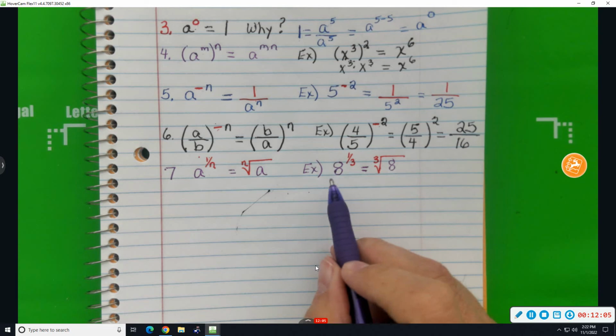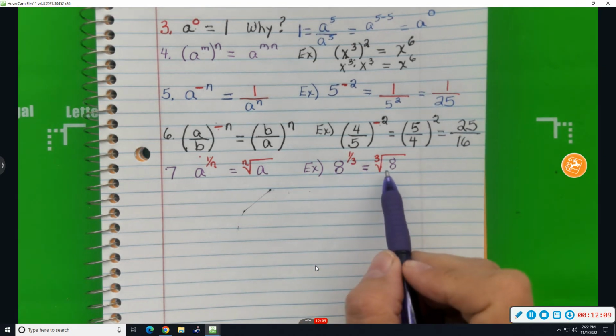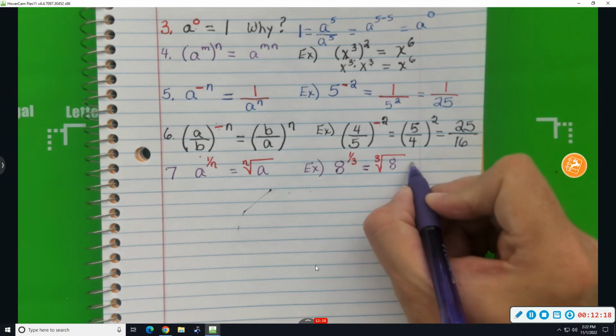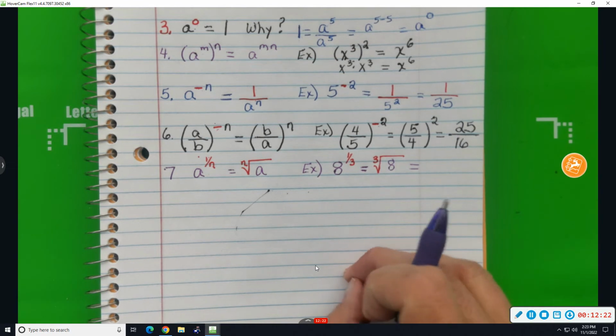A 1/3 exponent is just another way of writing cube root. And so what is the cube root of 8? There's not a square root that we can easily find. It'd be a decimal number. But we can figure out a cube root. But 2? Yes. 2 times 2 times 2, is that 8? Yes.